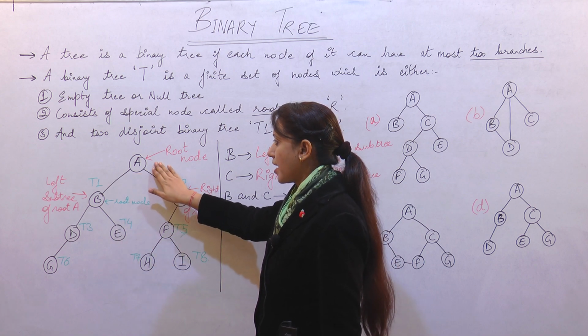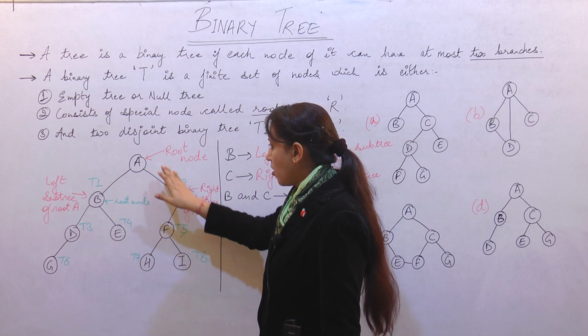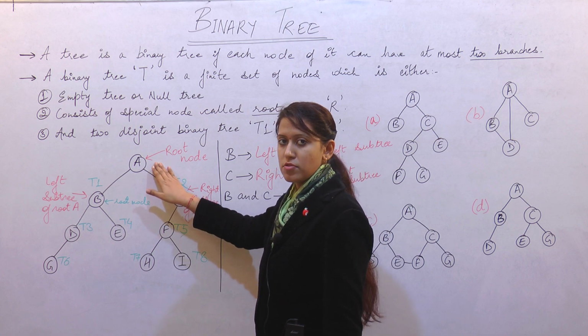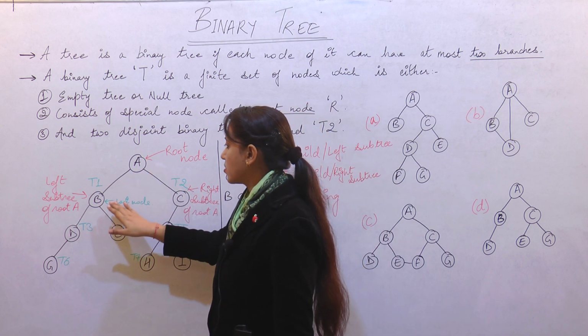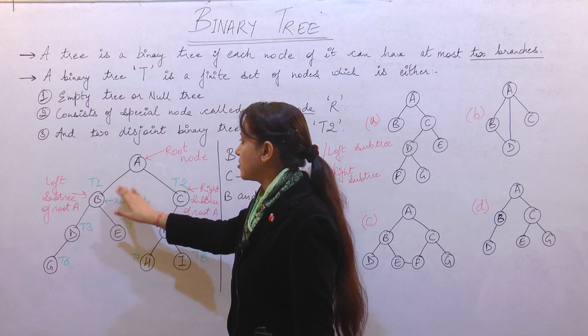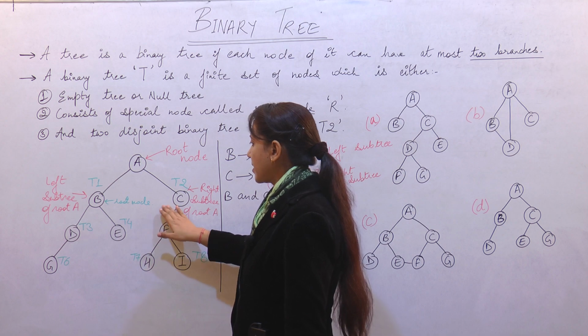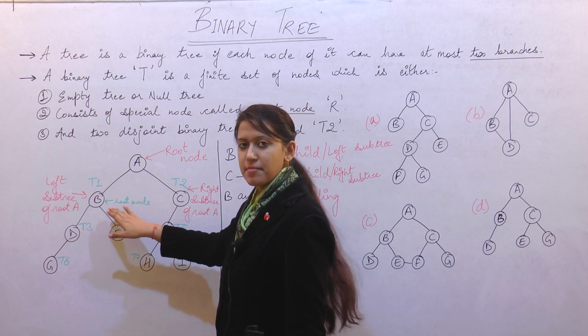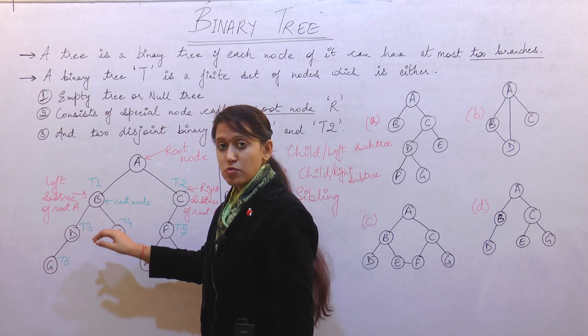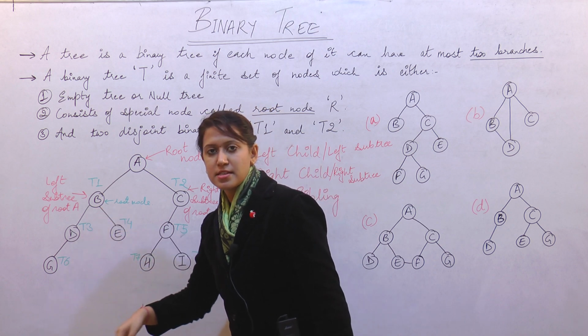So A is the root node of this tree. On considering A as the root node, we are having two disjoint binary trees of A, B and C. These two disjoint binary trees further can be represented as root node for their subtrees.